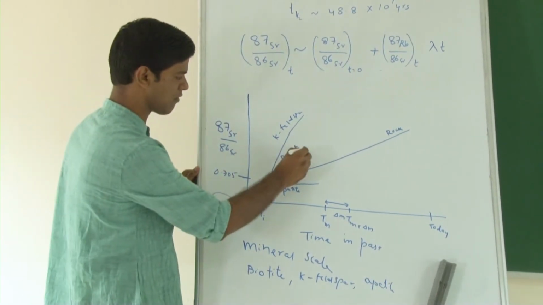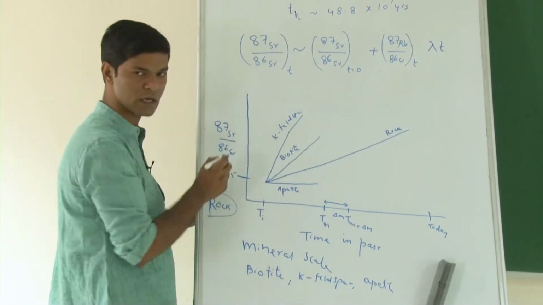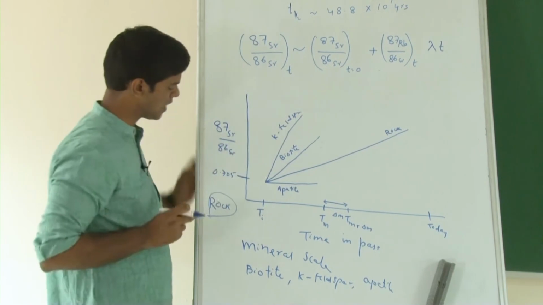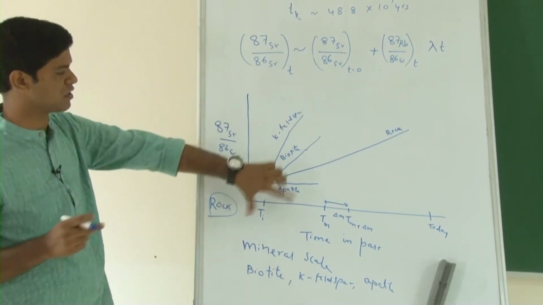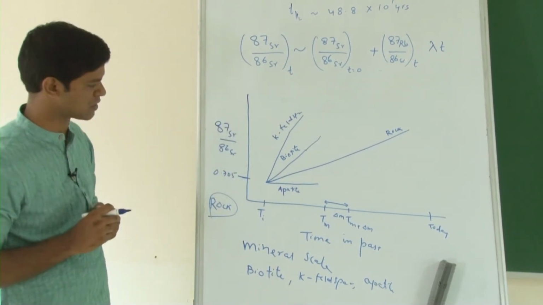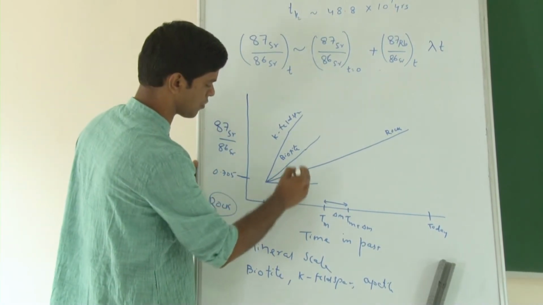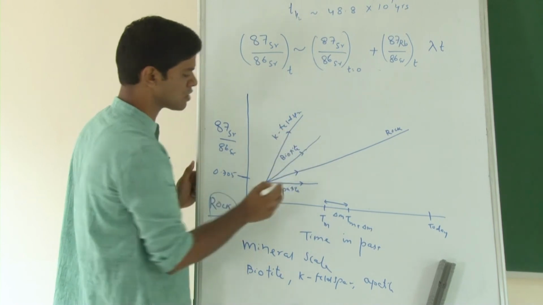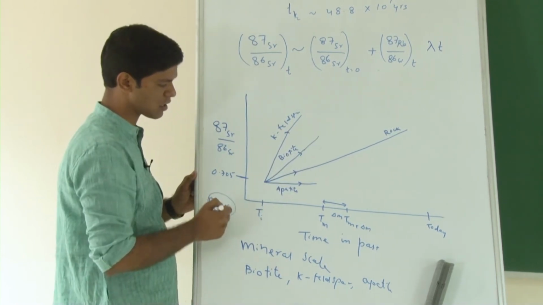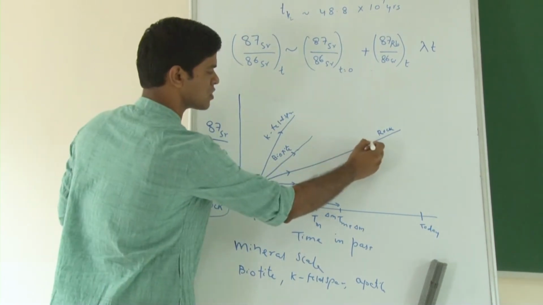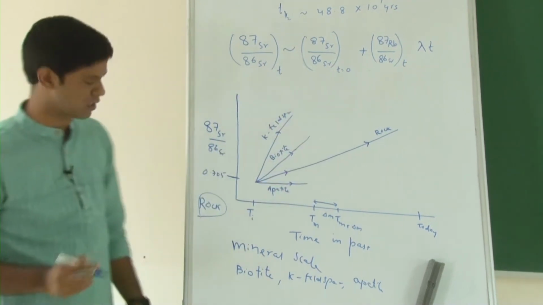That means it will have the highest rubidium. If you have more rubidium, then the 87 by 86 strontium with time will be steeper for potassium feldspar. So, they will grow like this in the initial time, because there is no change at the mineral scale or rock scale. So, this rock straight line is not going to alter.